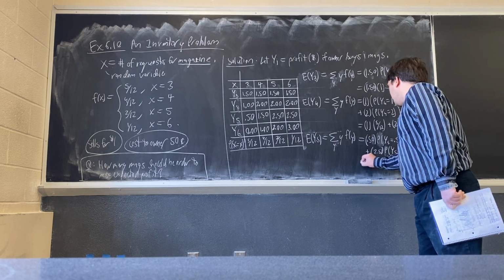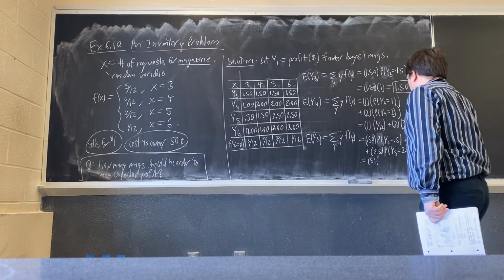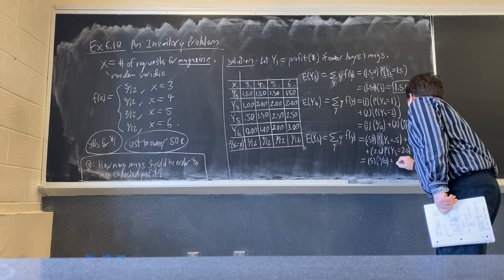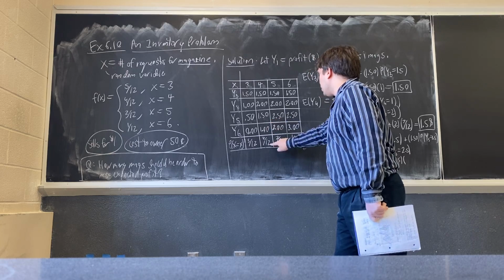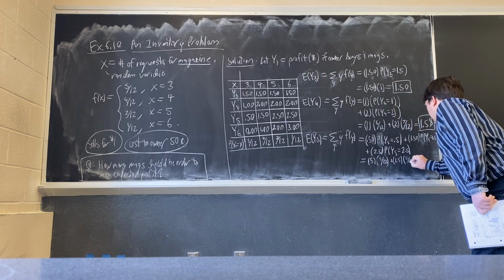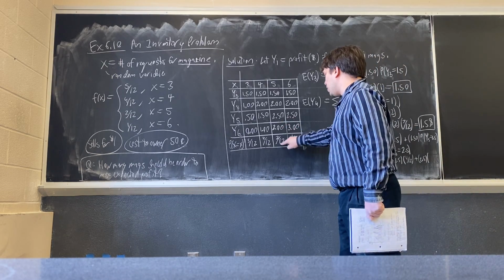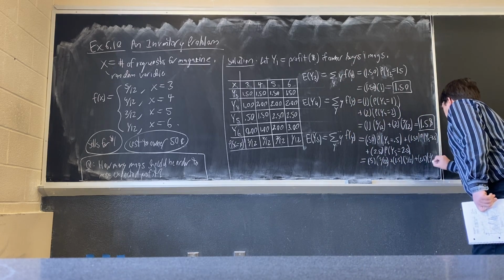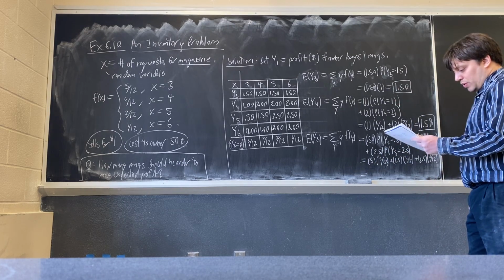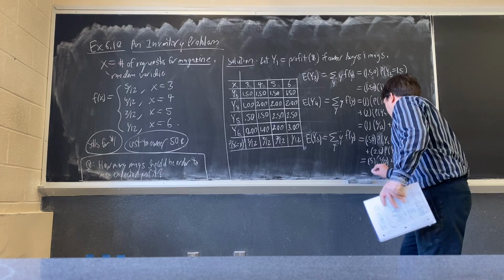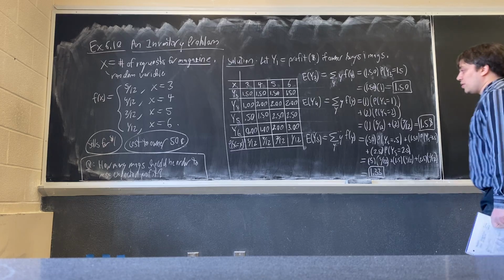The probability that y sub 5 is 0.5 is 5/12, plus 1.5 times 4/12, plus 2.5 times 2/12 plus 1/12, which is 3/12. If you multiply that out and add it up, you get 1.33. So that's E of y sub 5.